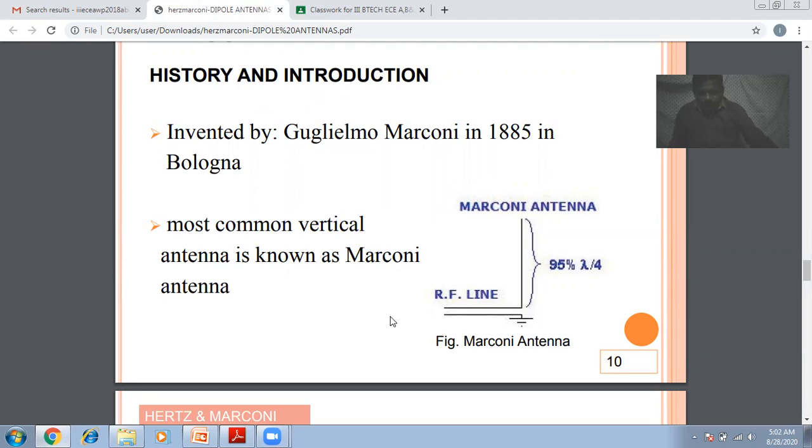This ground is acting as a reflecting plane for this antenna. Therefore, whatever antenna is there above the ground is seen inside the ground. So this ground is acting as a mirror. It is operated on the principle of this image concept.